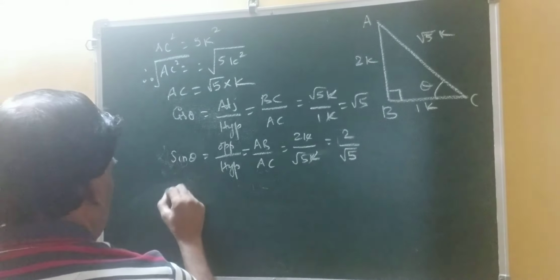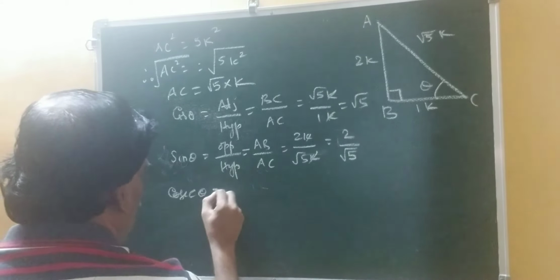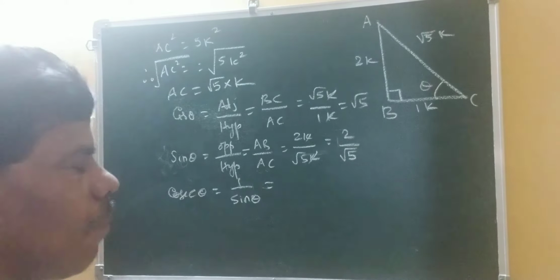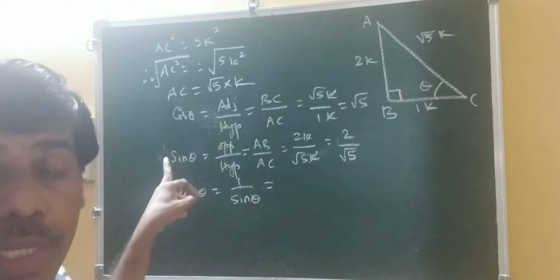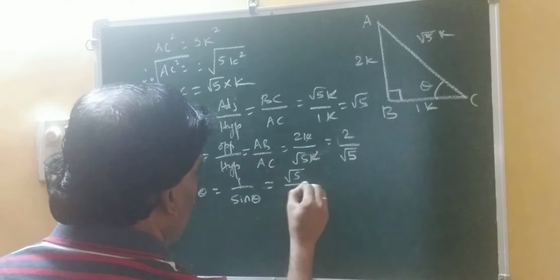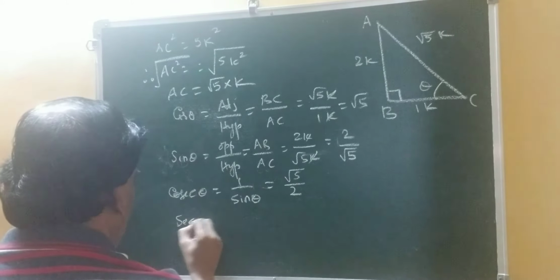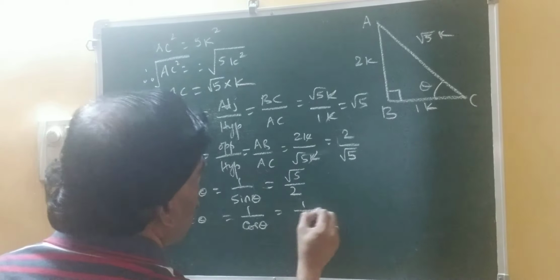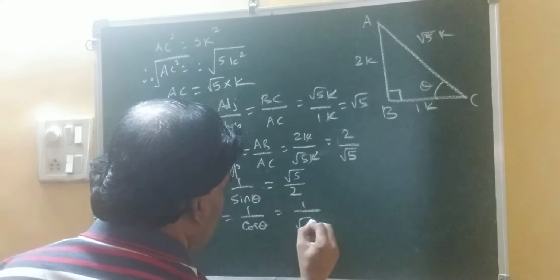Now what is cosec theta? 1 upon sin theta. That means the inverse of sin theta. So what will happen? Root 5 upon 2. What is sec theta? Sec theta is equal to 1 upon cos theta. So 1 upon cos theta, root 5.